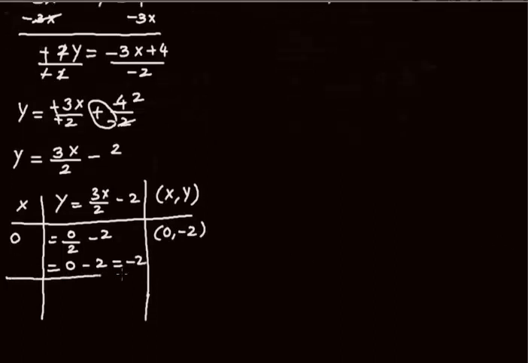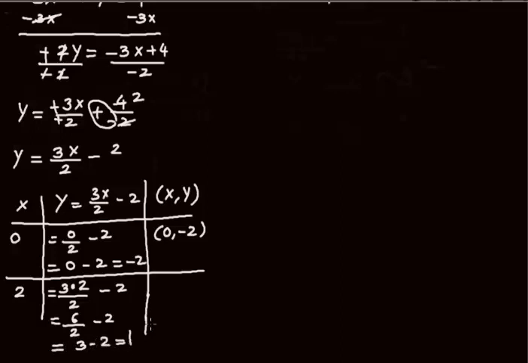Suppose I am taking x equal to 2. So 3 times 2 over 2 minus 2. So 6 over 2 minus 2. So that becomes 3 minus 2, which is 1.